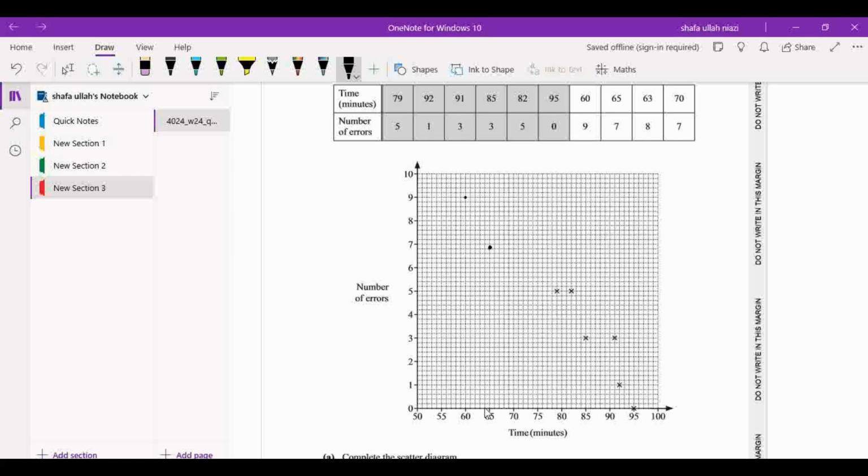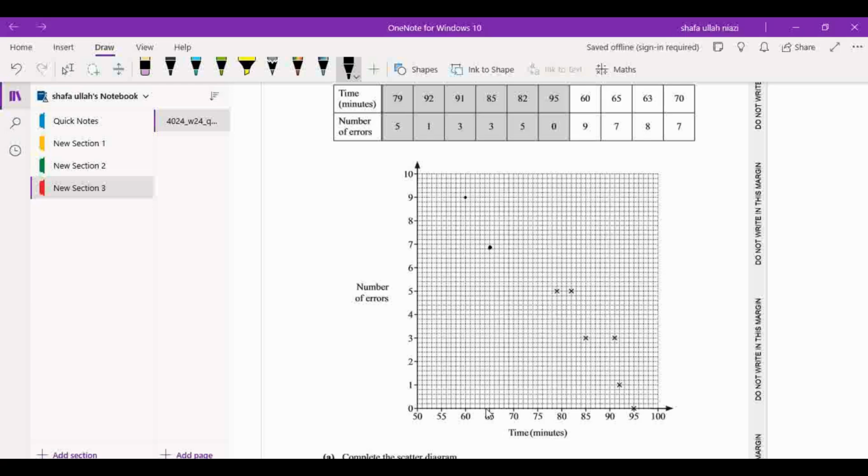This is 61. 62. 61, 62, 63, 64, 65. So here is 64. 63 is 8. 63 is 2 units below 65. 65 is here.